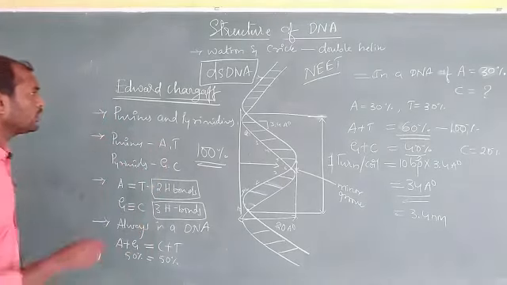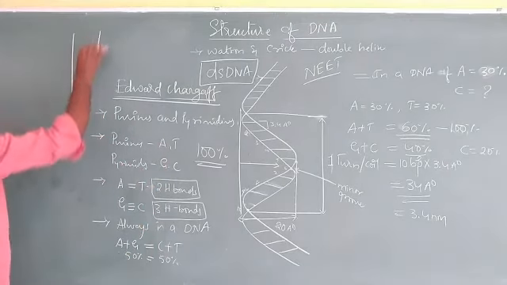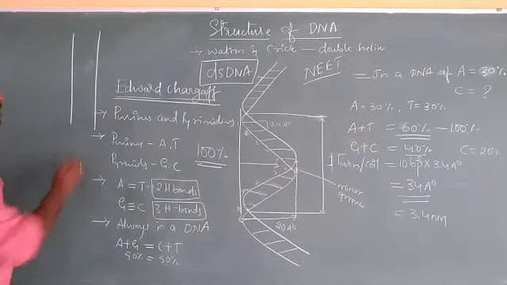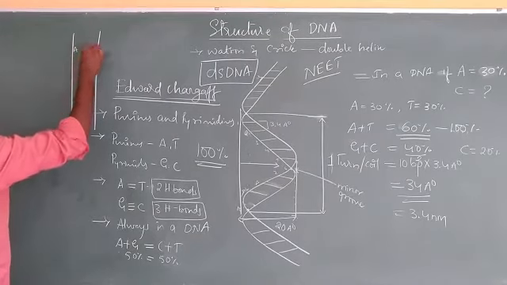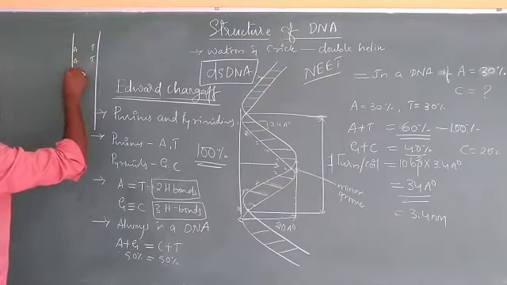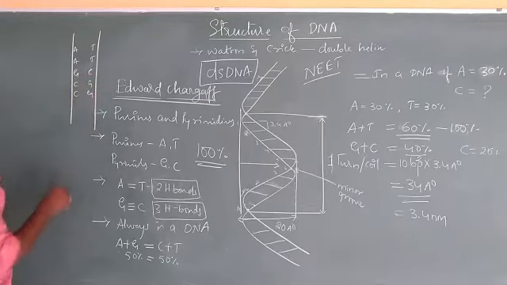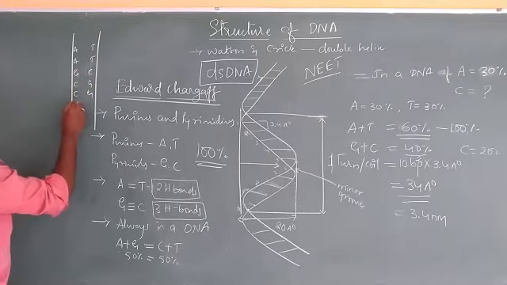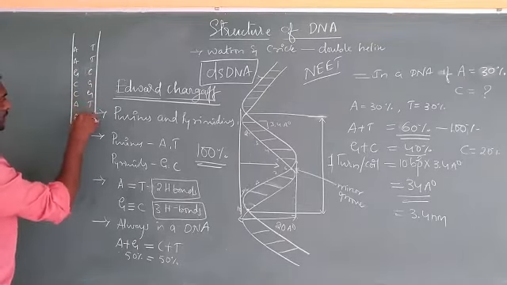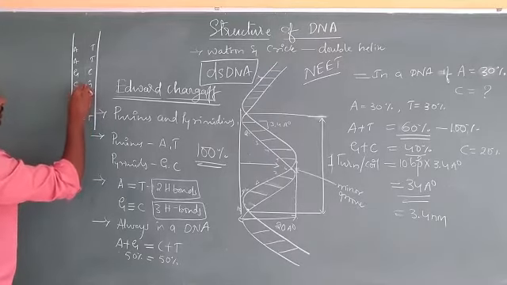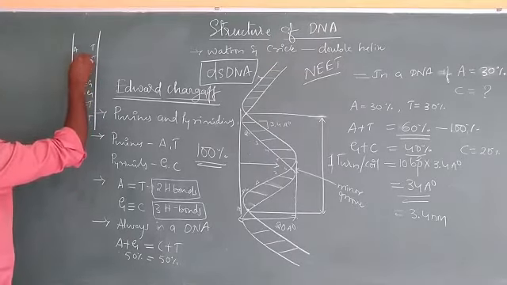When we draw the strands or a planar structure, AT, GC, CG, so double bond, triple bond, double bond, double bond.